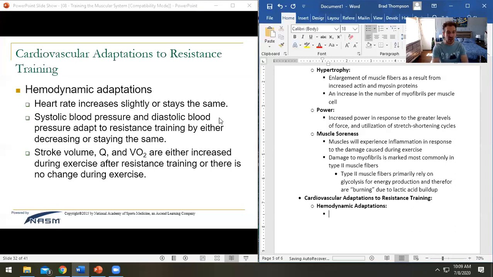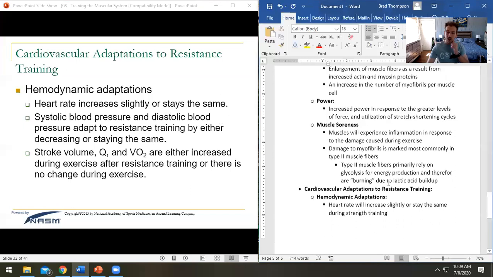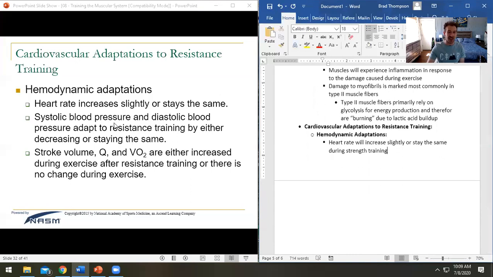You'll see heart rate will increase slightly or stay the same during strength training, right? If your heart rate stays the same, that's a sign that your body has gotten better at pushing more blood within a smaller number of beats.